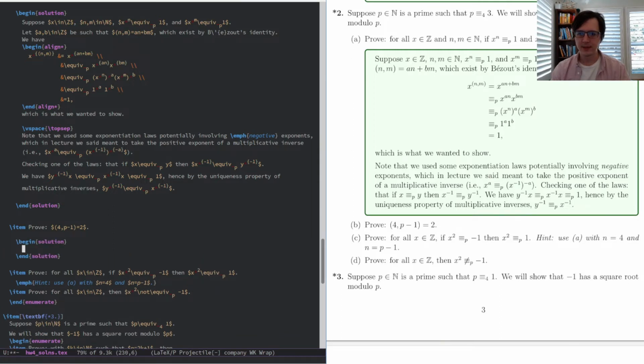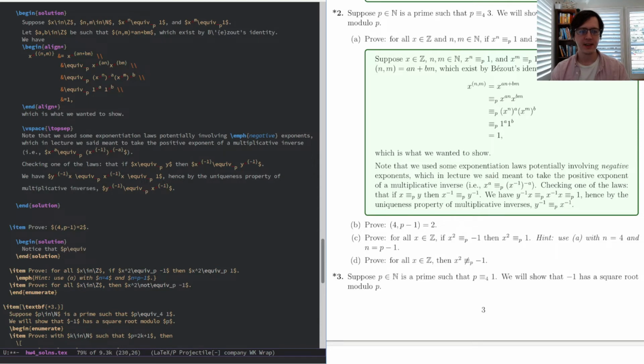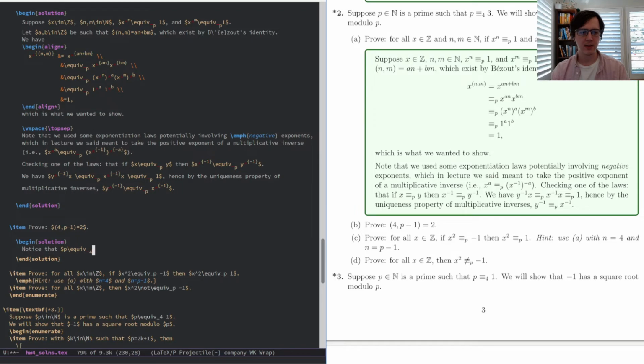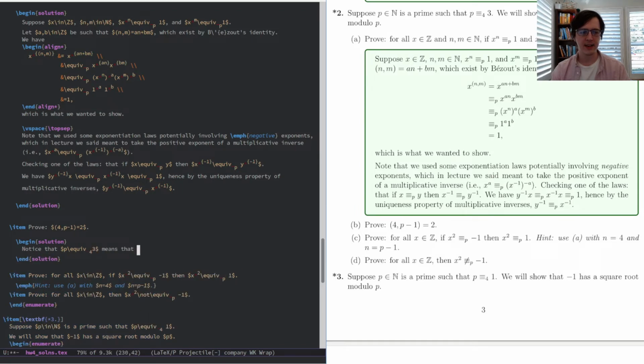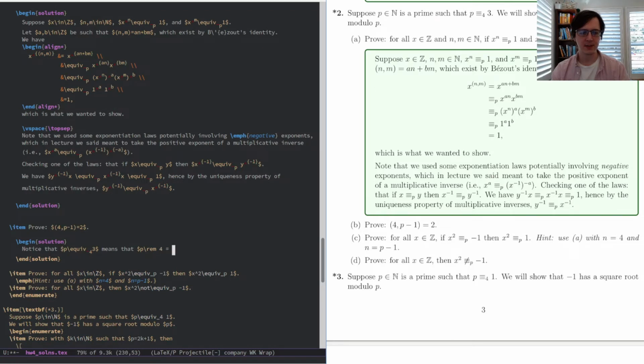Okay, now let's prove that 4 and p minus 1 have a GCD of 2. So I'm going to use the Euclidean algorithm. So notice that p equivalent to 3 mod 4 means that p after division by 4 has remainder 3.